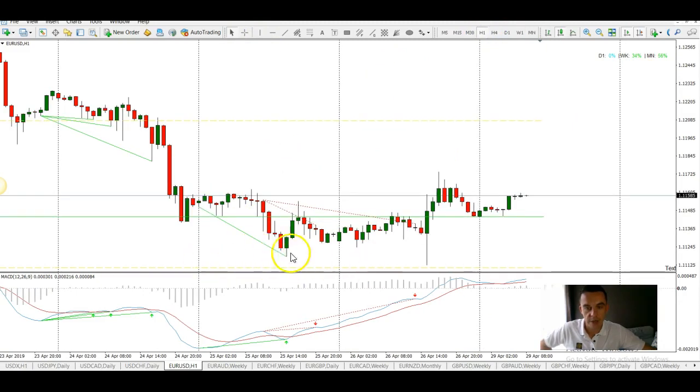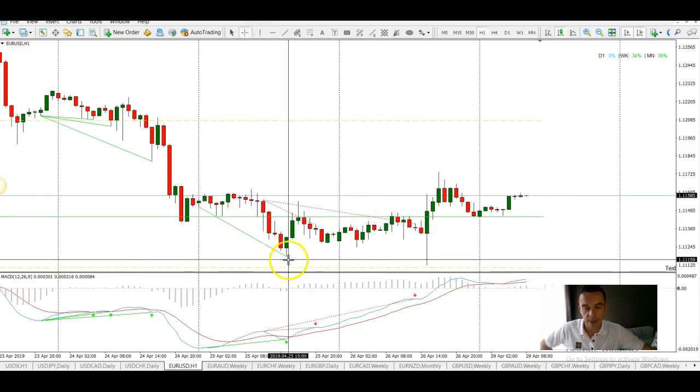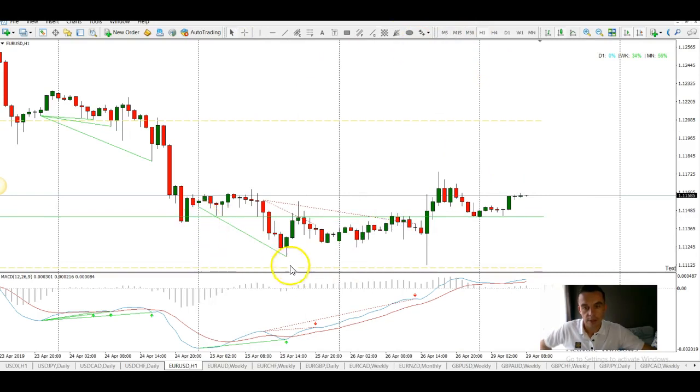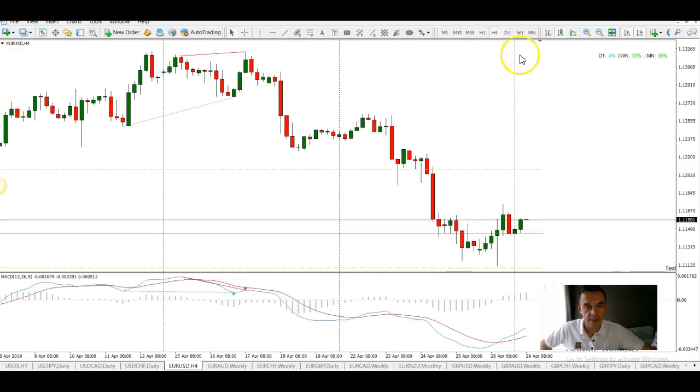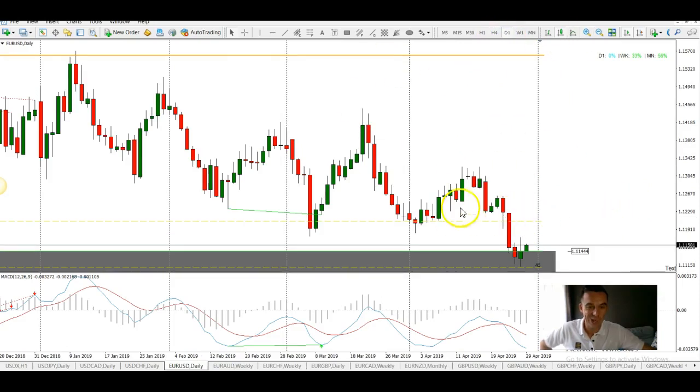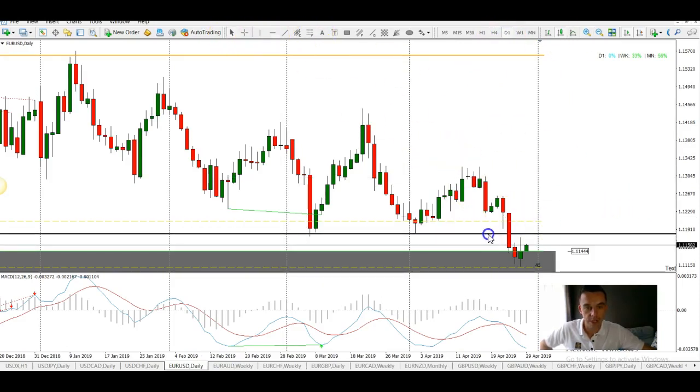This was the 1 hour signal we got on Friday, or sorry, Thursday, for this 4 hour inside a daily. Inside the 4 hour, inside the daily, and your target is the last low that was taken out on the way down. You can see it was this one here. So nearly hit it on Friday. Wasn't too far off it, and moving up towards it again. Okay, so your second target's going to be this zone here. Your first easy target's obviously the last low that was taken out, and your second target's the next zone above it, and after that is a new high.